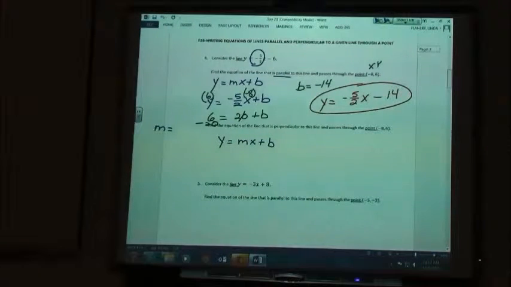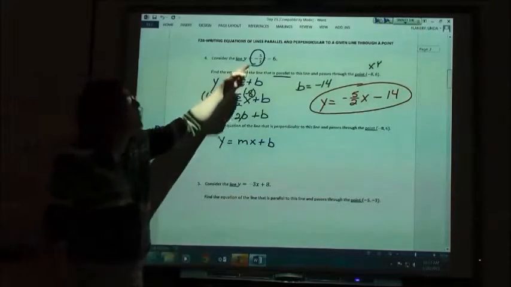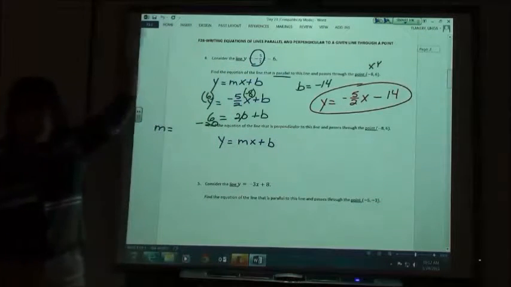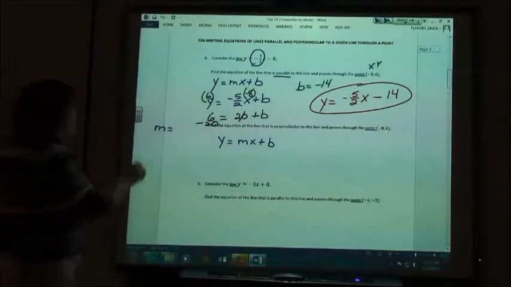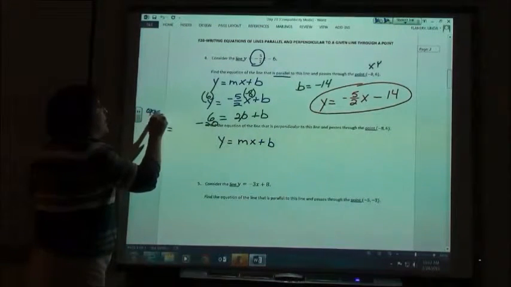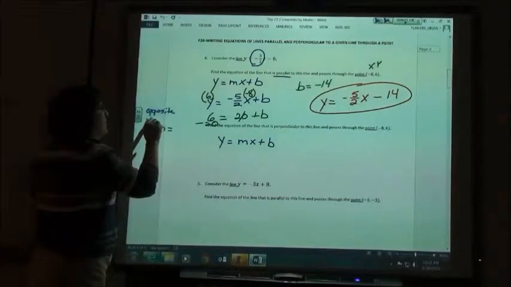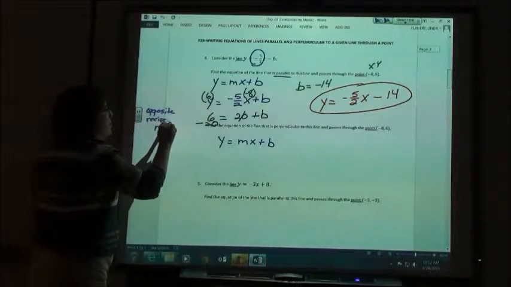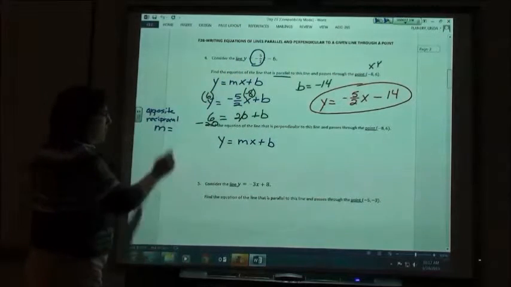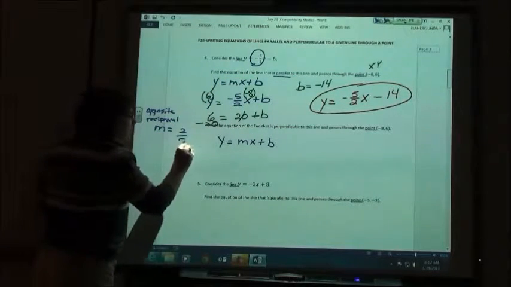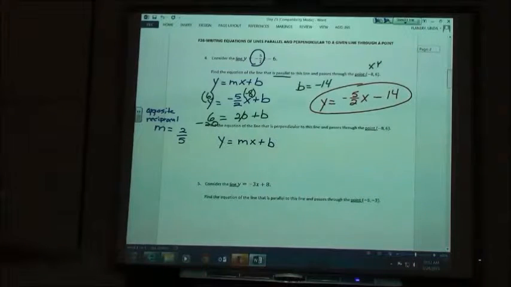How did we find the perpendicular one? We just did it on the previous three problems. We flipped that. We had to do the opposite reciprocal, right? So if this is negative 5/2, this is going to be a positive 2/5, right?